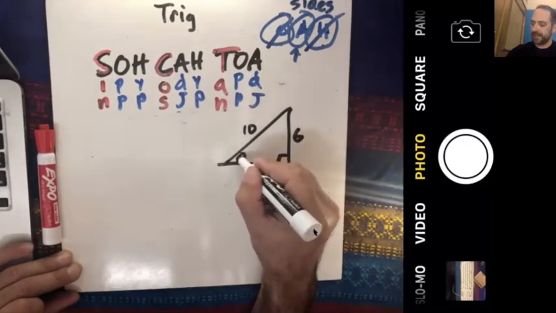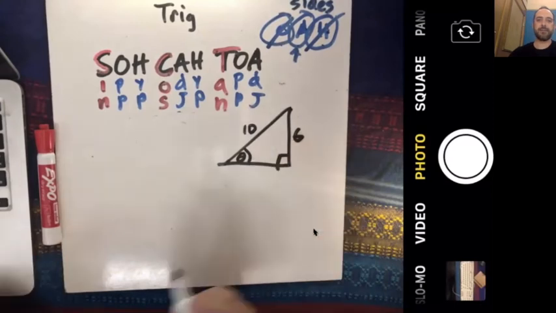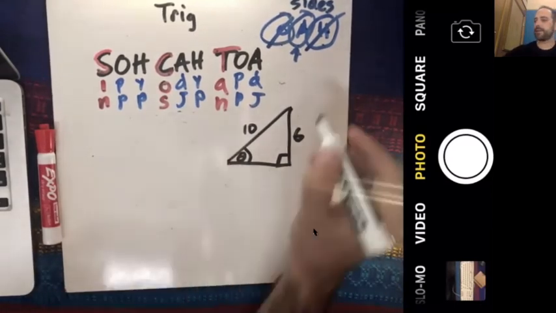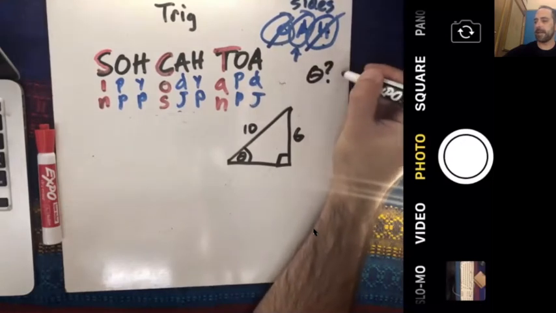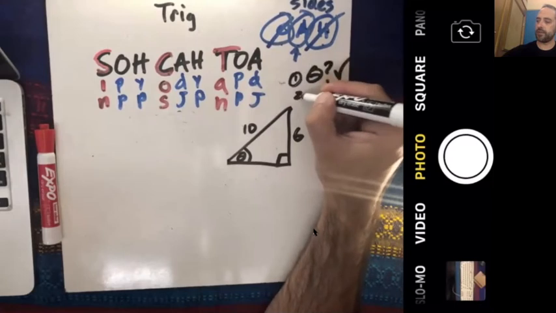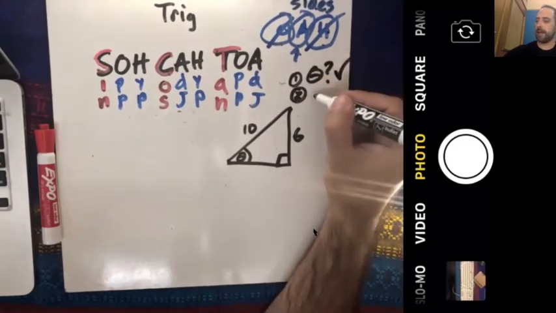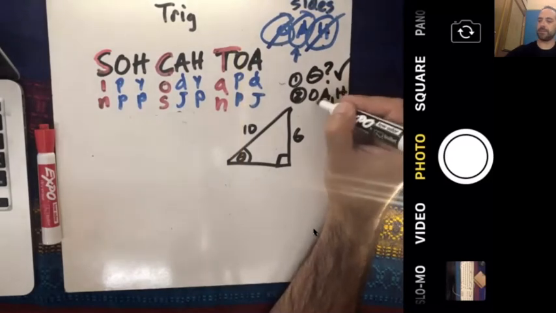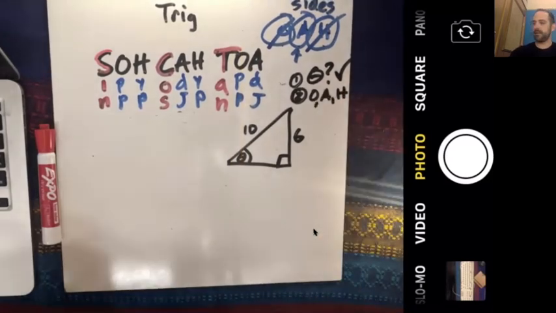And I have my theta right here. So first thing that we always do: where's my theta? We got that. We know which one it is, okay? Next step, number 2. Label our opposite, adjacent, and hypotenuse. Okay, so let's go ahead and label these.